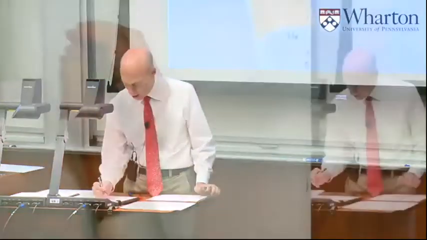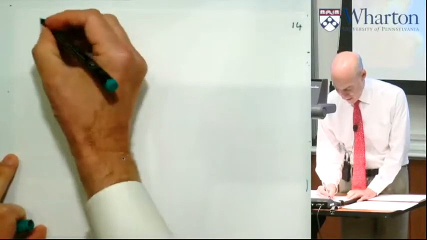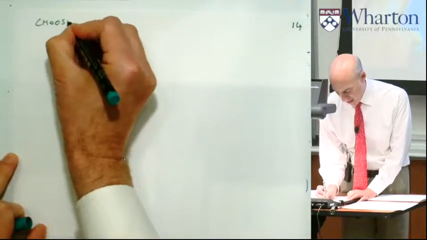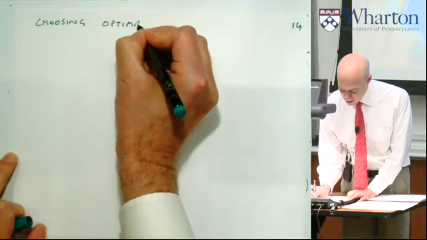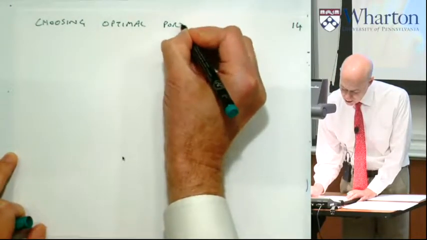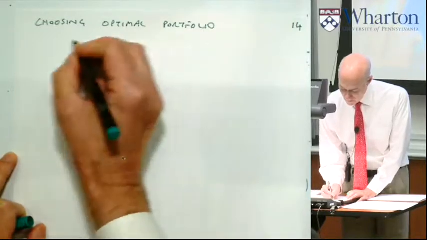So now we've got the portfolio locus. How do we choose the optimal portfolio? If we're choosing the optimal portfolio, we're going to put the indifference curves together with the portfolio locus.